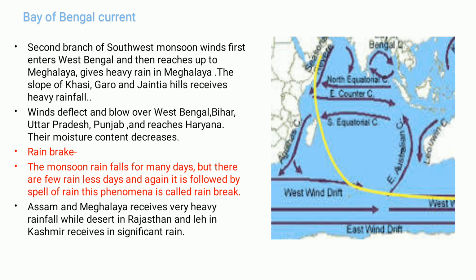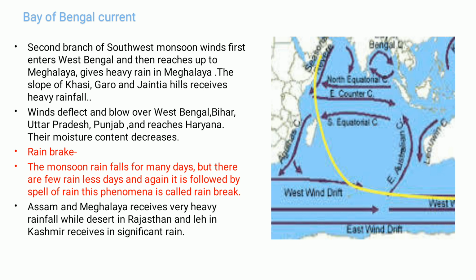There is also a variation in the physical features in our country. All these factors affect the distribution of rainfall. These factors have made the distribution of rain unequal in India. As we know, Assam and Meghalaya receive very heavy rainfall, while the desert in Rajasthan and Leh in Kashmir receive insignificant rain.